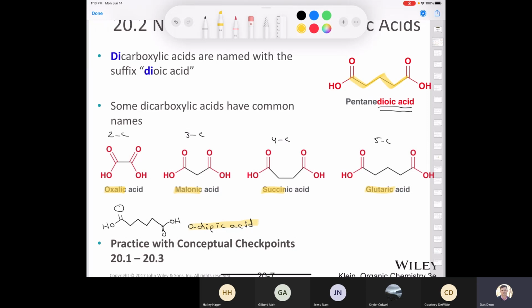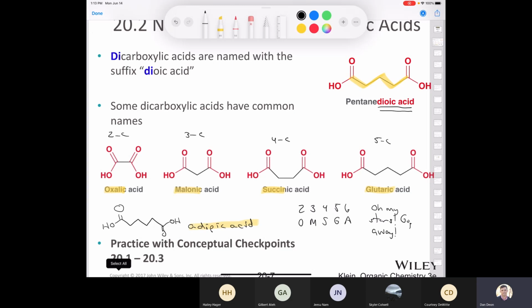All right. Anyhow, my students came up with a mnemonic, I guess, a number of years ago. So if you have 2, 3, 4, 5, 6 carbons, I said it goes oxalic, malonic, succinic, glutaric, adipic. And what they came up for OMSGA was, oh my stars, go away.